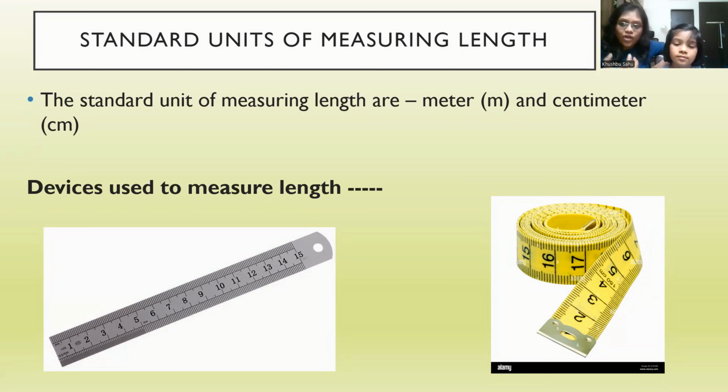Advika, what is the relation between meter and centimeter? Meter is longer than a centimeter, and 1 meter is equal to 100 centimeters. Meter is longer and centimeter is the smaller unit.